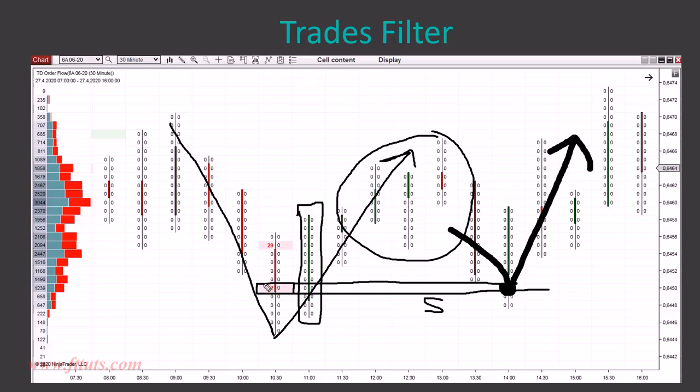Alright, as you can see, the number is red. The order was created on bid, and still we go long, because this number was most likely a limit order, a buying limit order. And as I said in one of the first videos, a buying limit order shows on bid. Alright, in here.